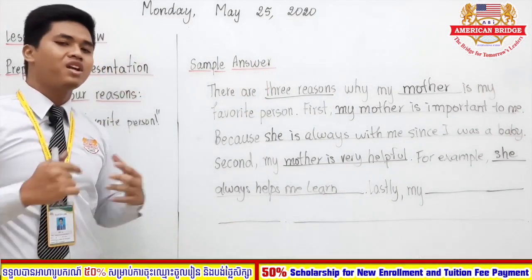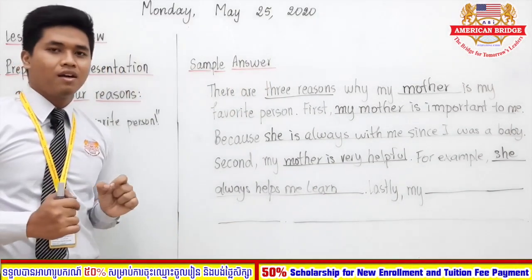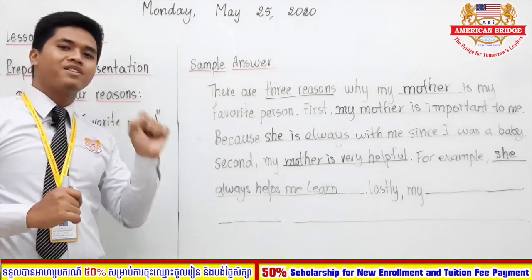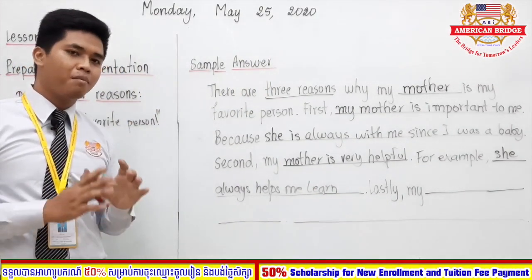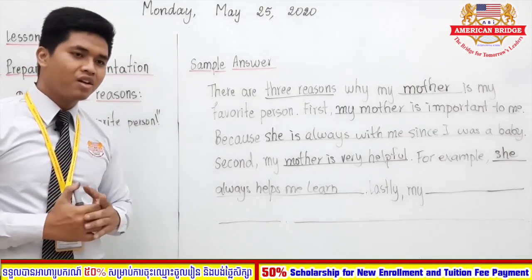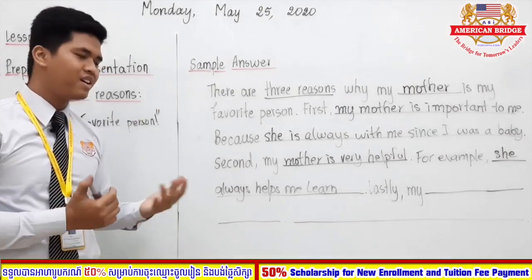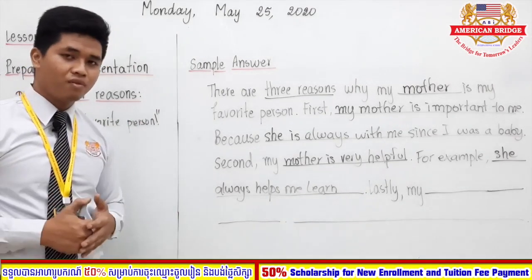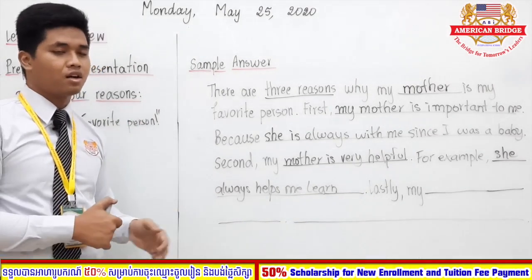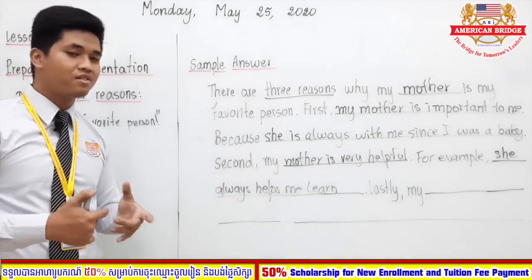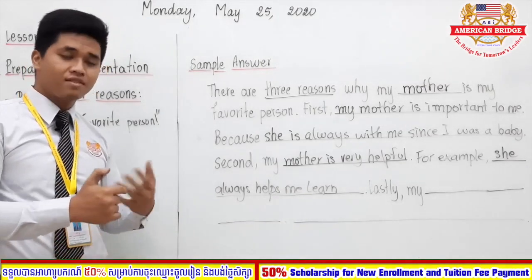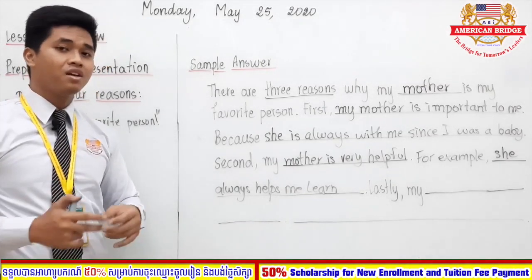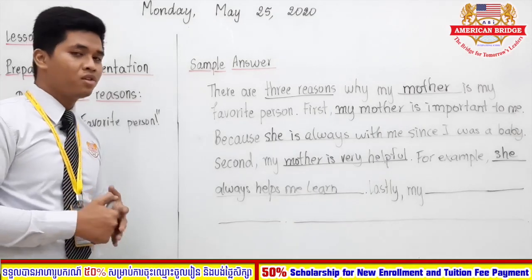When I was a kid, I remember that I did not understand a math lesson, and I went to ask her at about 9 o'clock at night, and she was very helpful. She stopped doing her work and came to me and explained the lesson, even though at that time she was very tired and busy doing her own things.